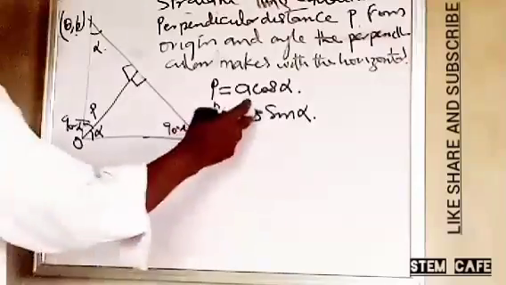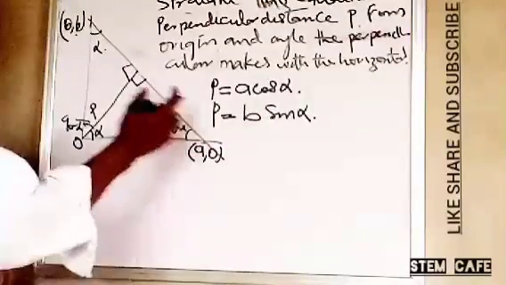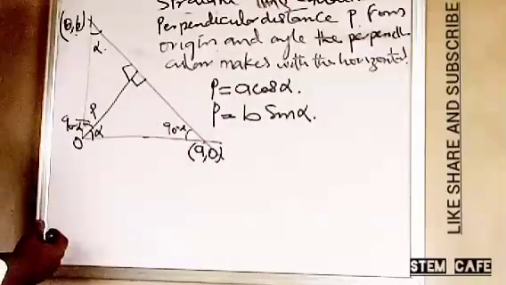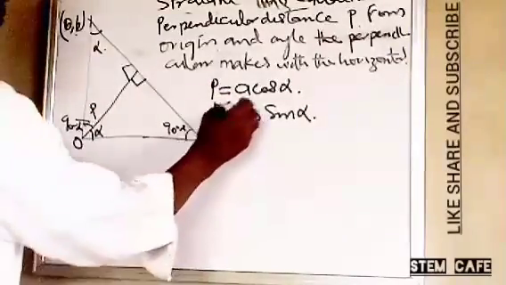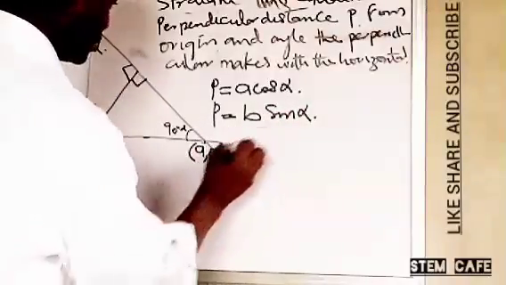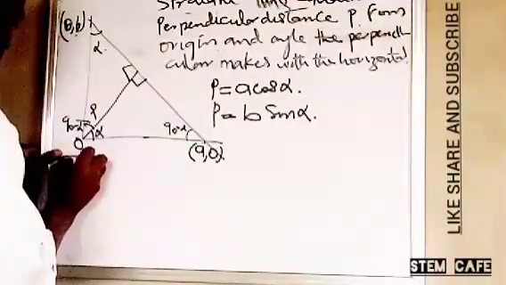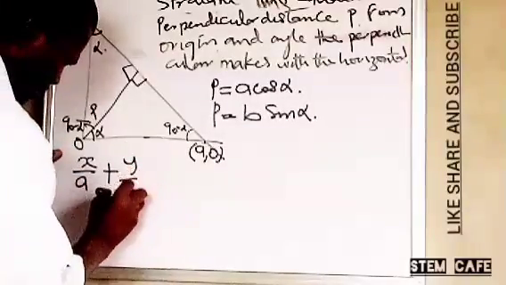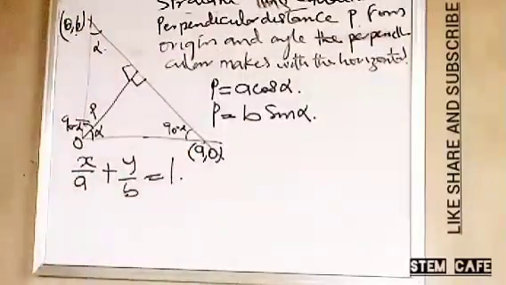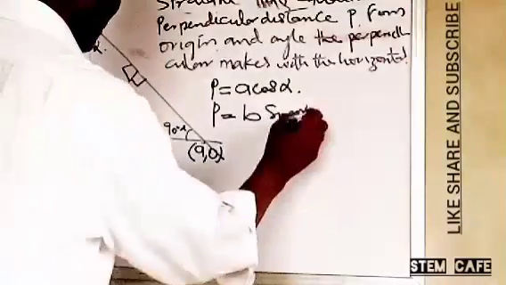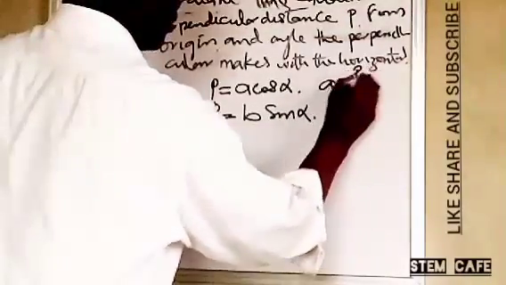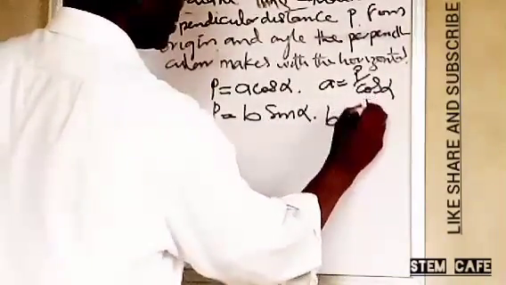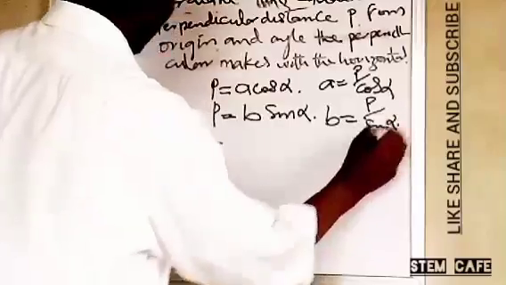Now, we know from our double intercept equation that our equation will be x over a plus y over b is equal to 1. a here is p over cos alpha, b is equal to p over sine alpha.